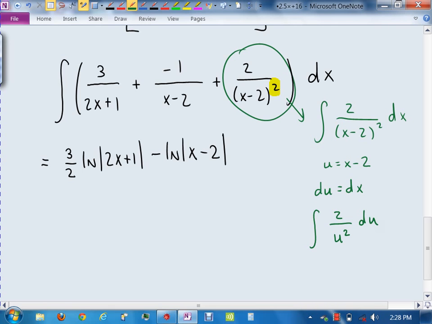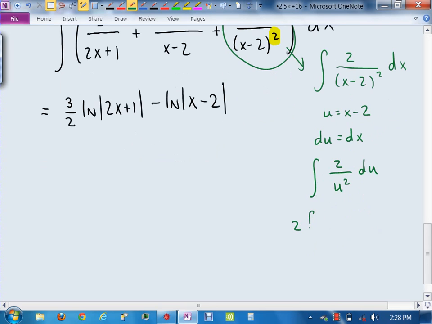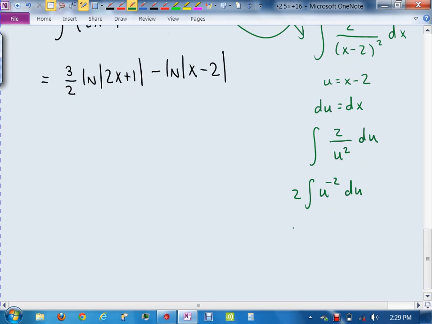That's the same as u to the negative 2, isn't it? So take the 2 out, integral u to the negative 2 du. The antiderivative of that is negative u to the negative 1. So that's power rule, isn't it? That's power rule. I'm seeing some looks of disgust. That's power rule on that: 1 over n plus 1, u to the n plus 1.